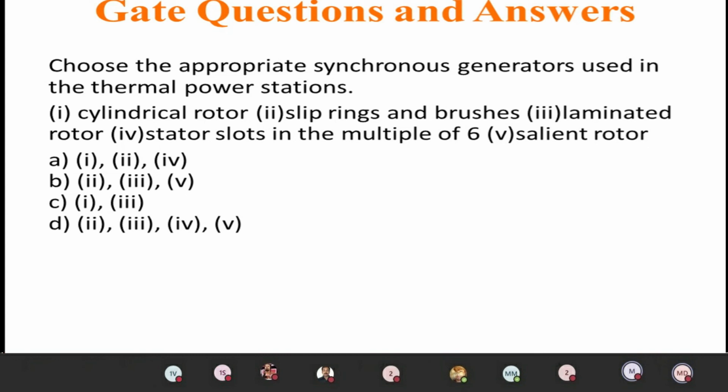Option A is 1, 2, 4. Option C is 1 and 3.